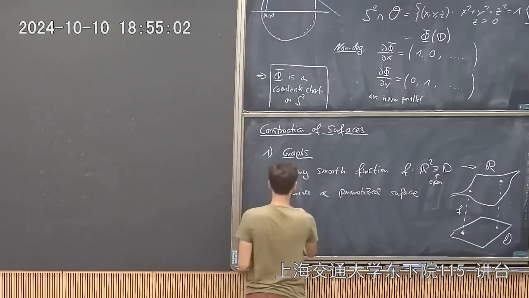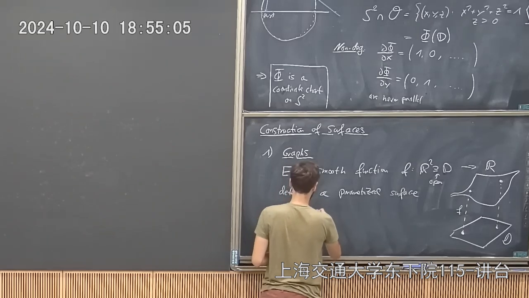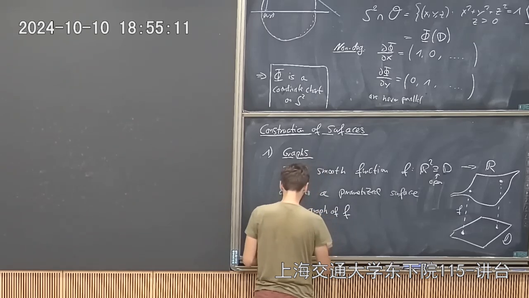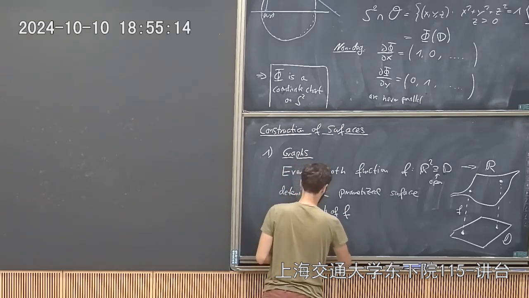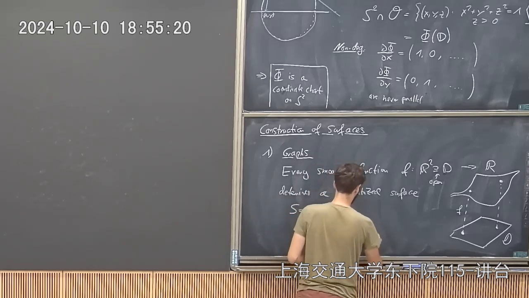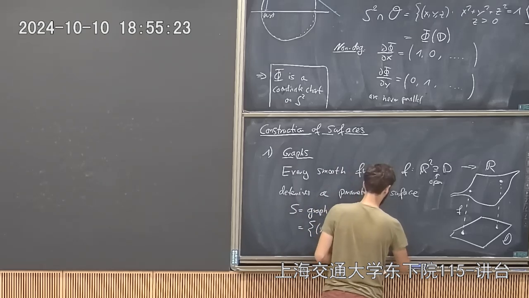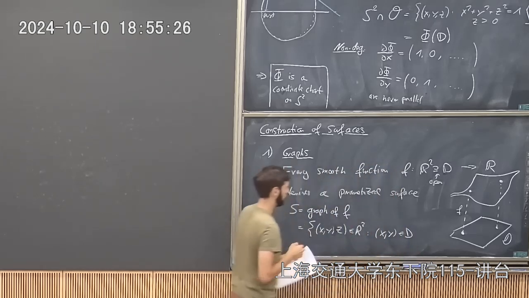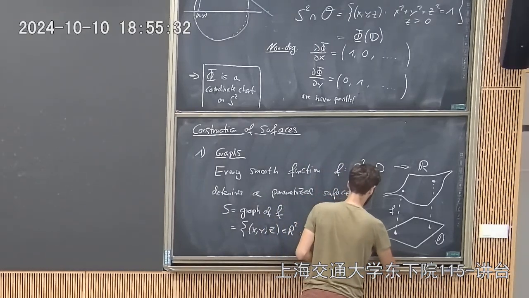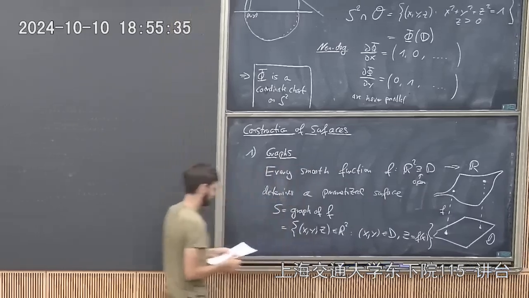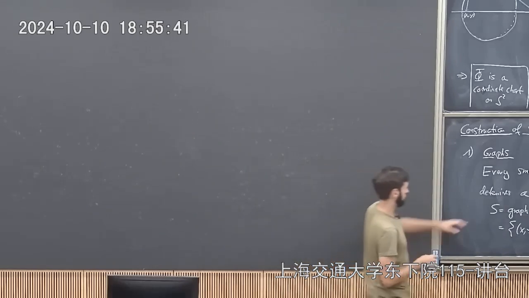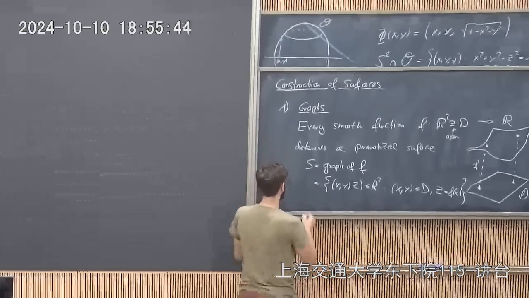So the surface is just the graph of f, which are all points in R3 where x and y are from the definition of D, and the z coordinate is given by the function f of x, y. So that's the surface, and it has a natural parameterization or chart.